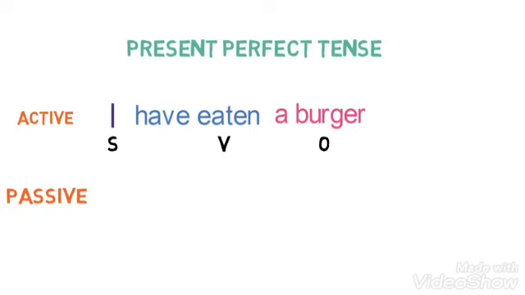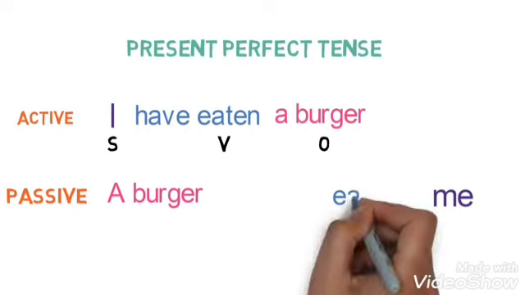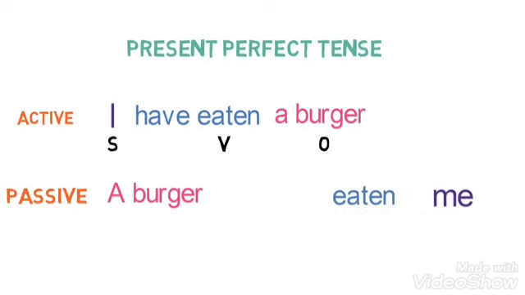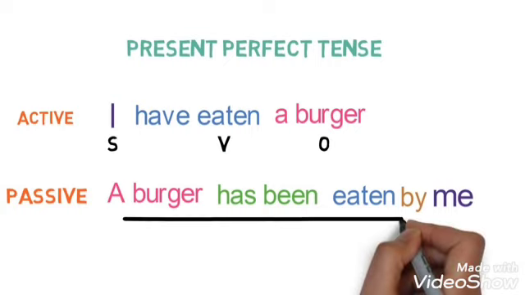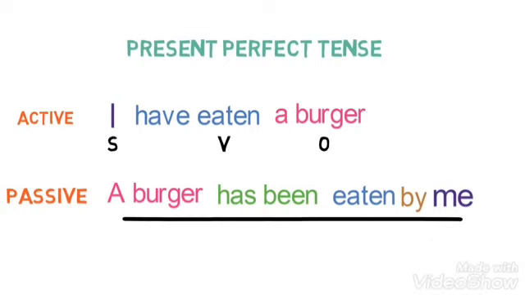For the passive sentence, the second step is swap the subject to object. Third step is add V3 form. Fourth one is add helping verb, has been. The fifth one is add by, and the sentence is ready.